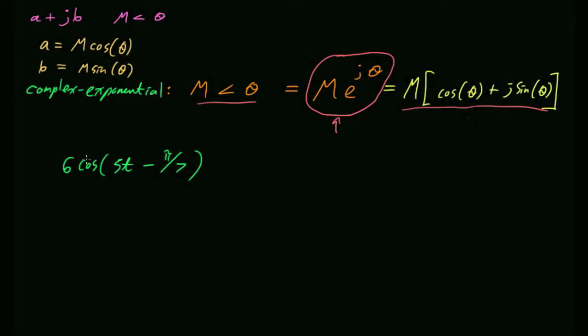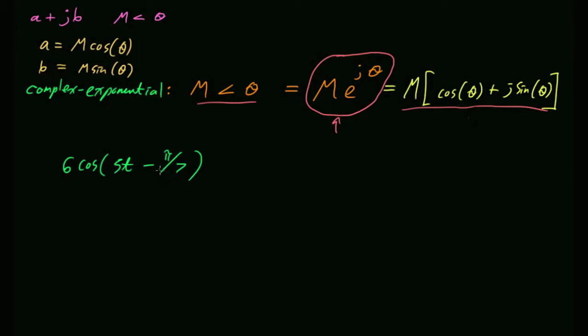So what I want to do is see if I can massage this to be in the form of a complex exponential. All right? So here's what I'm going to do. I've got this and I want to work this into a complex exponential.